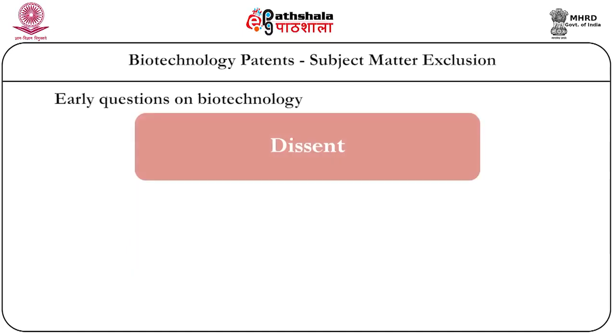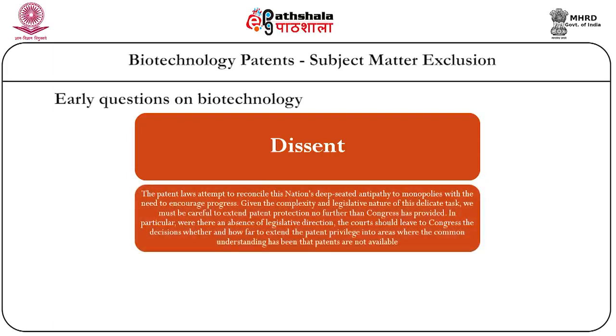But there was a huge dissent to this particular case. In dissent, the judges said, the patent laws attempt to reconcile these notions, deep-seated antipathy to monopoly, with the need to encourage progress. Given the complexity and legislative nature of this delicate task, we must be careful to extend patent protection no further than the Congress has provided.